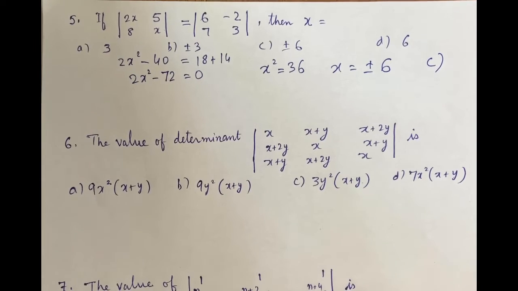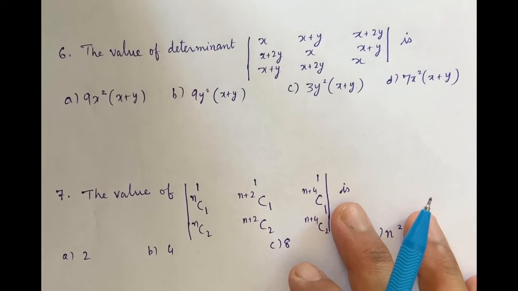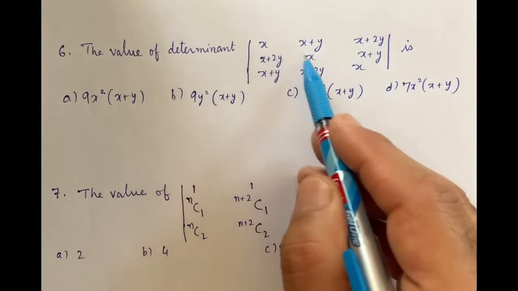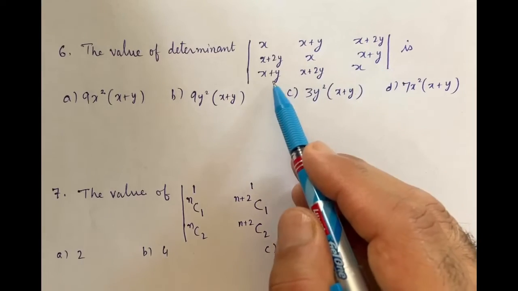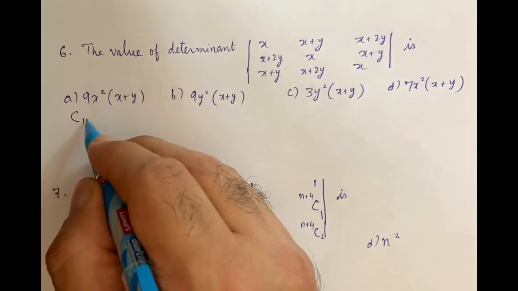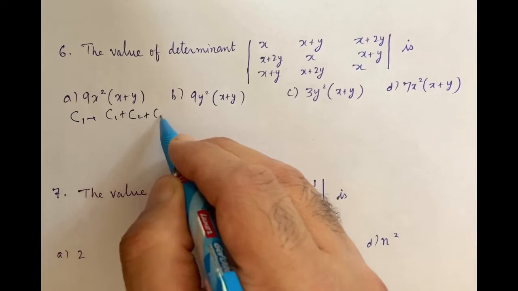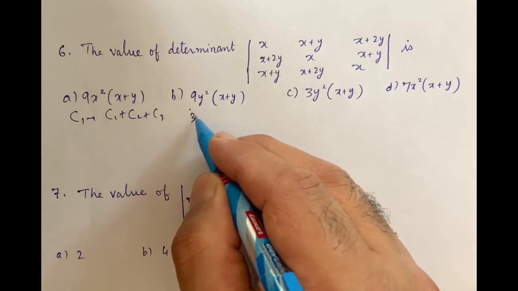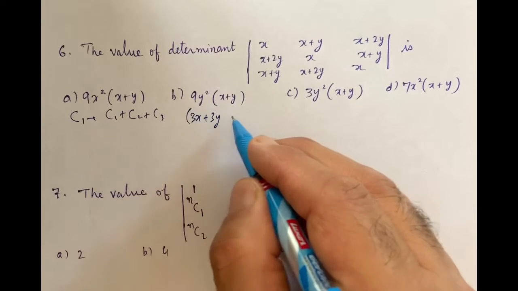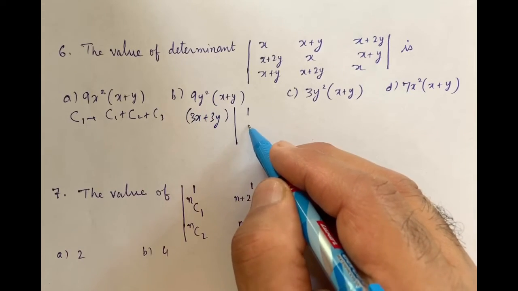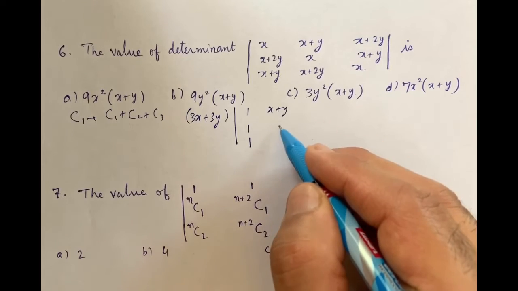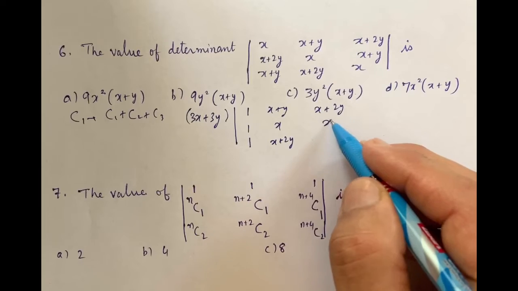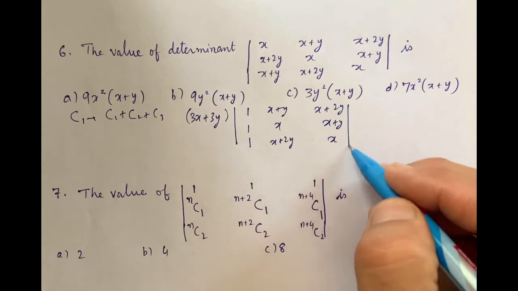The next one, we have to evaluate this determinant. So we can see this is x plus y, x plus y, x plus y. So we can change column 1 to column 1 plus 2 plus 3, so that we have x plus y plus x, that's 3x plus 3y, which we take common. After that we will have 1 1 1 here. Then x plus y, x plus 2y, x plus 2y, x plus y, this is x.